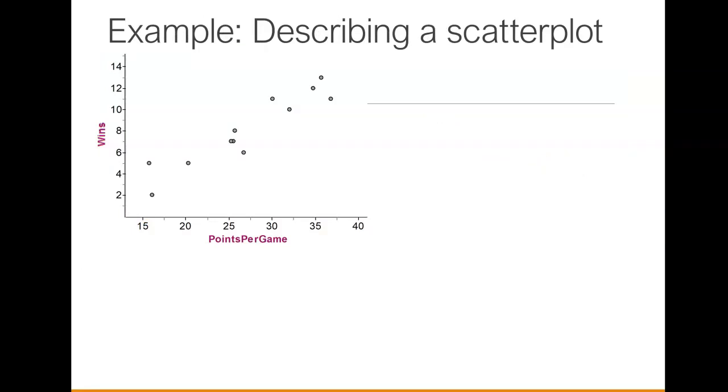So let's take another example here. What do we see here? Certainly seems that the direction is positive. I agree. The form? I think linear this time.